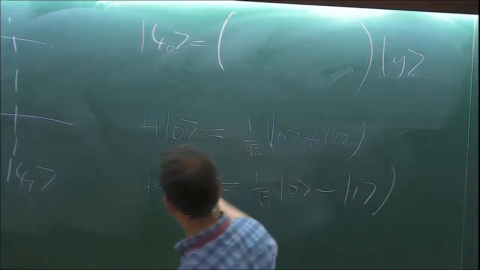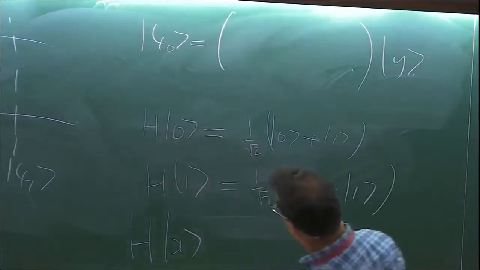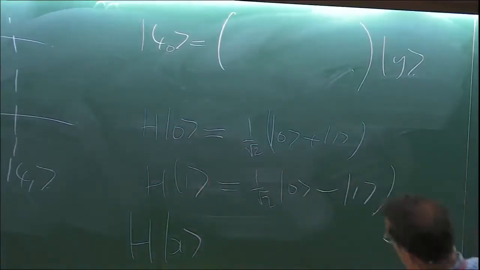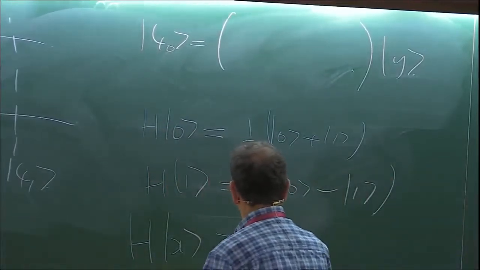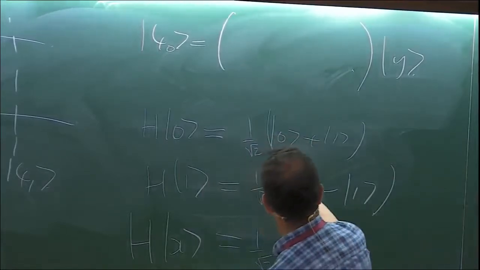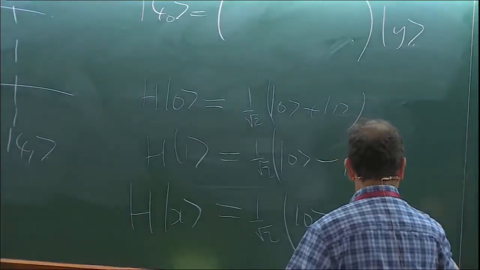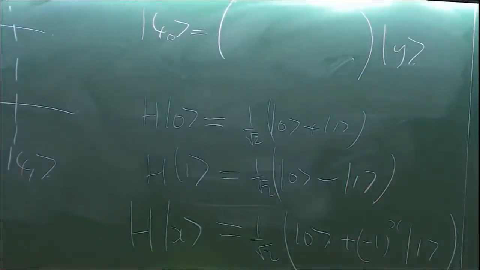So I can combine these two together. Hadamard acting on some state x, which is 0 or 1, is equal to 1 over root 2, 0 plus minus 1 to the x times 1. That combines both of these into a single formula.